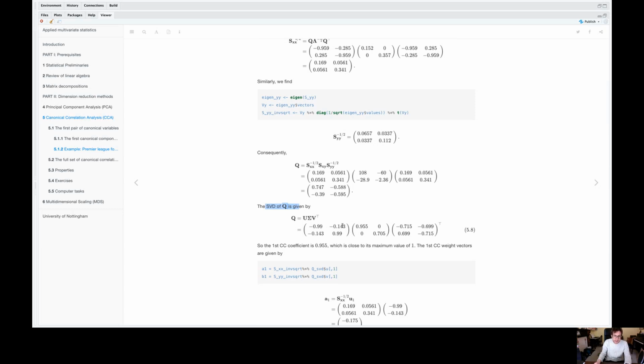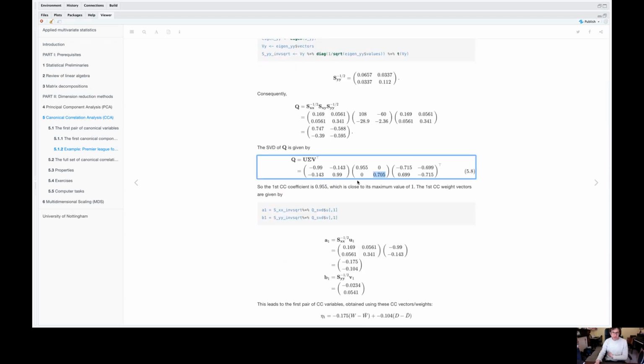This is the second left singular vector, second right singular vector. This is the first singular value, the second singular value. So let's look at the singular values. The first one is 0.955, so close to 1. So the first correlation coefficient is 0.955.